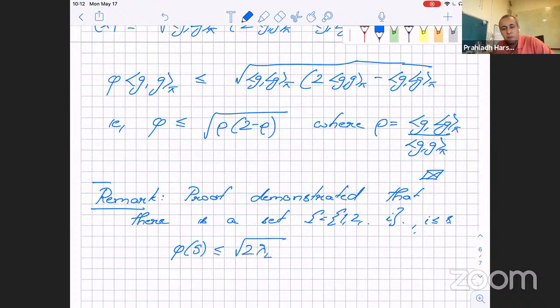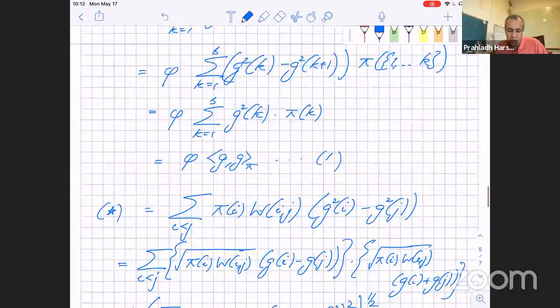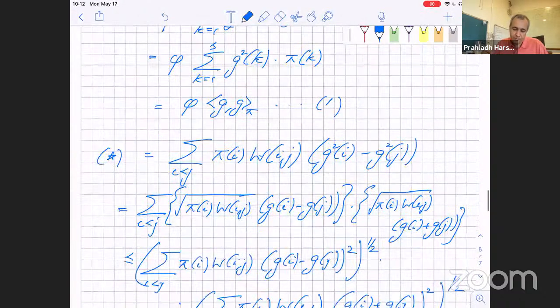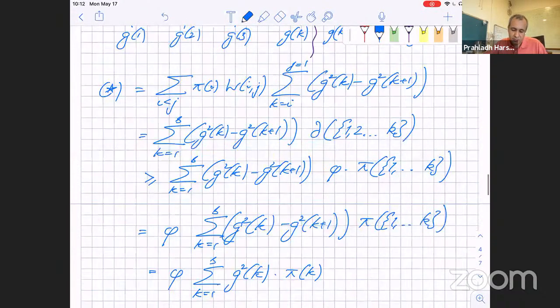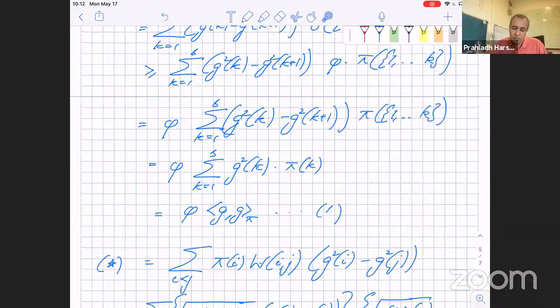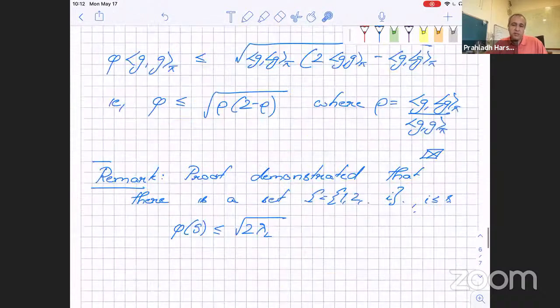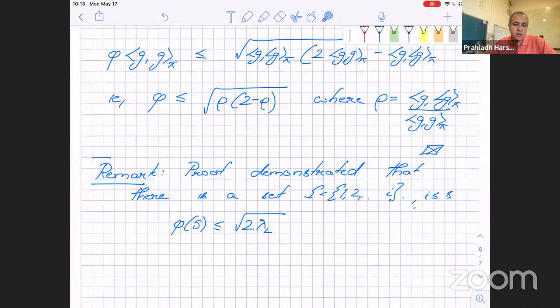In fact, it told you that one of these sets itself works, because these were the only sets for which we needed this conductance, that pi of ik is larger than this. We didn't have to go over all sets. One of these sets is all that we cared for. So this in fact gives us the following thing, which is called the Fiedler algorithm.